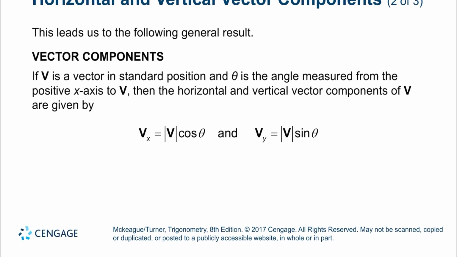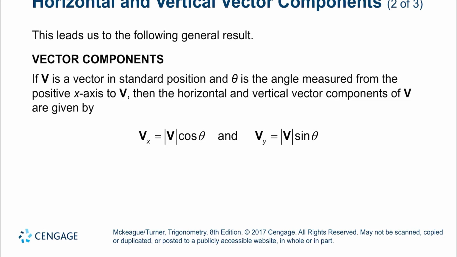So we can also find the components of a vector. If you have a vector that's maybe going in this direction, you can find the horizontal component, which is labeled as v sub x, and you can also find the vertical component, which would be v sub y. And this is just trigonometry.